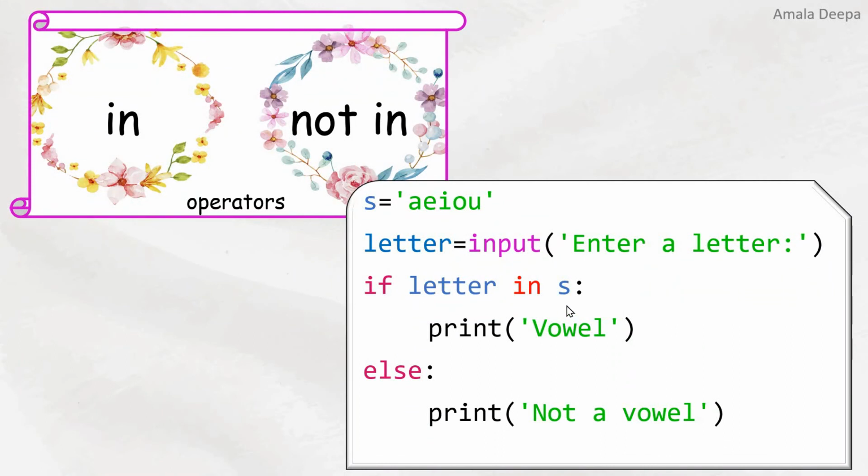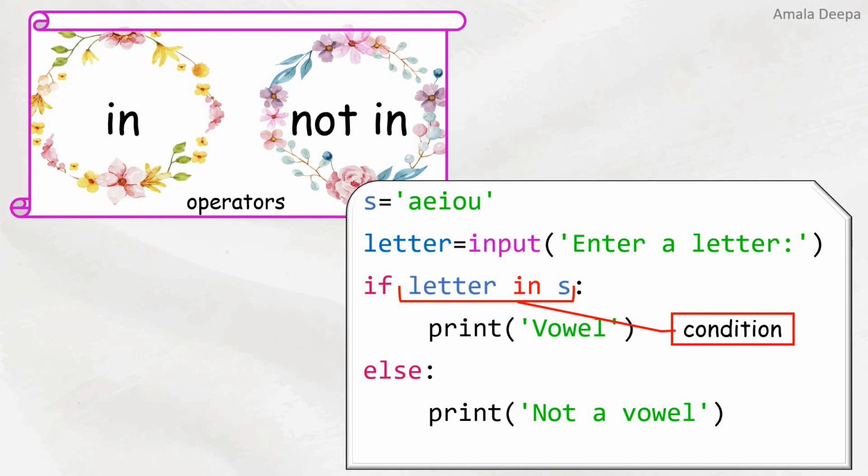In the if statement, letter in S, that is the condition, the if condition. And in this condition, I have used the in operator. Letter in S. Here, in is an operator. It's a keyword which is an operator.